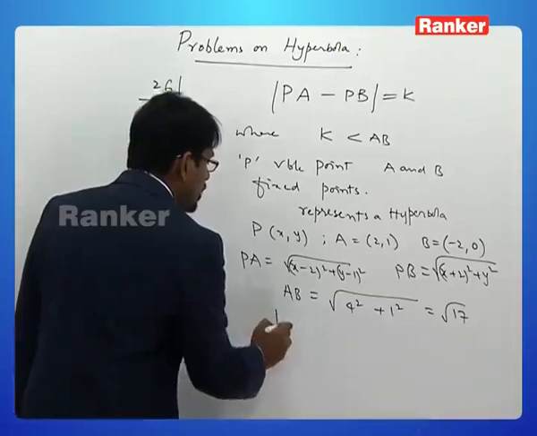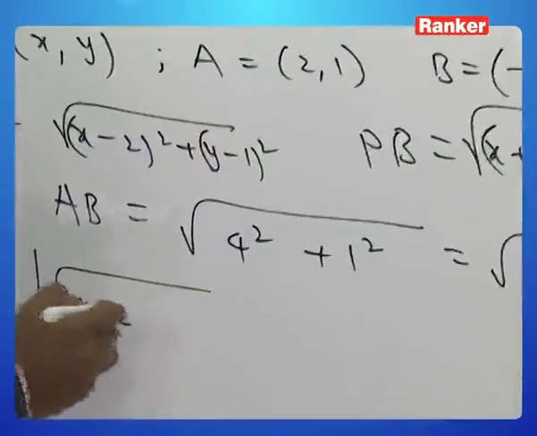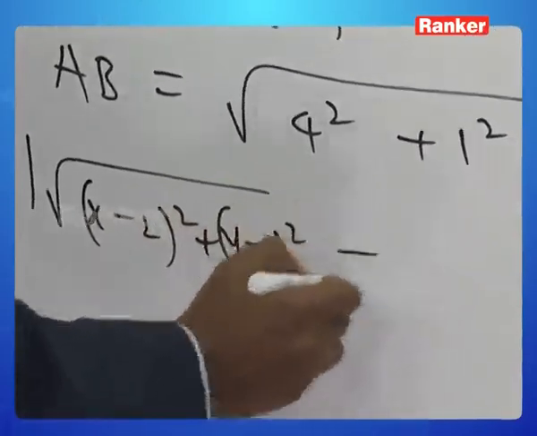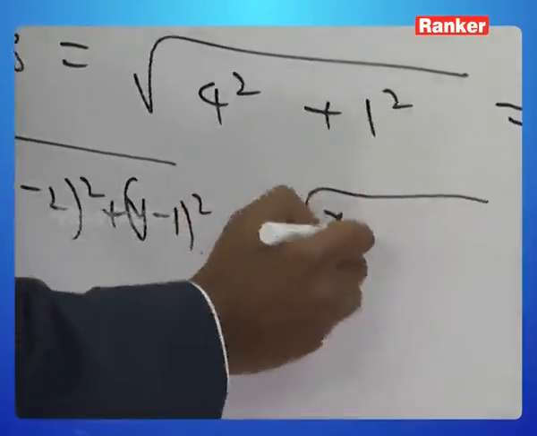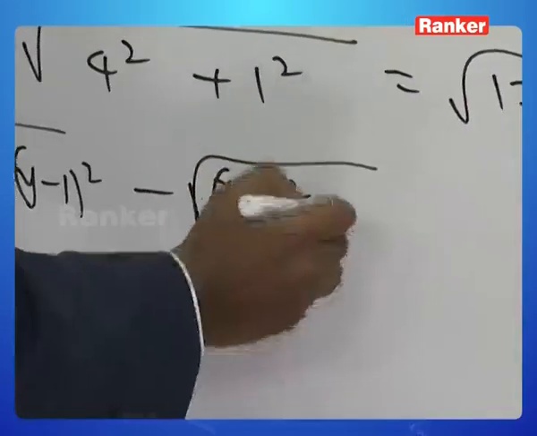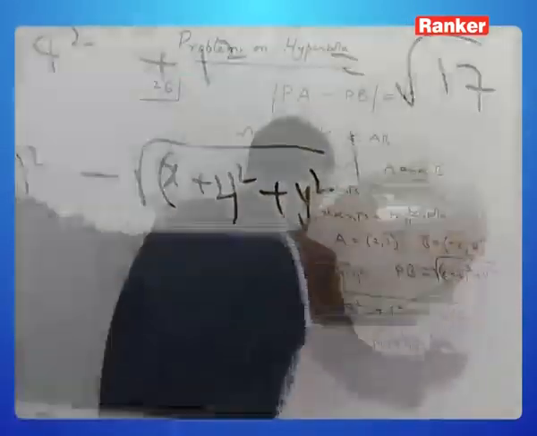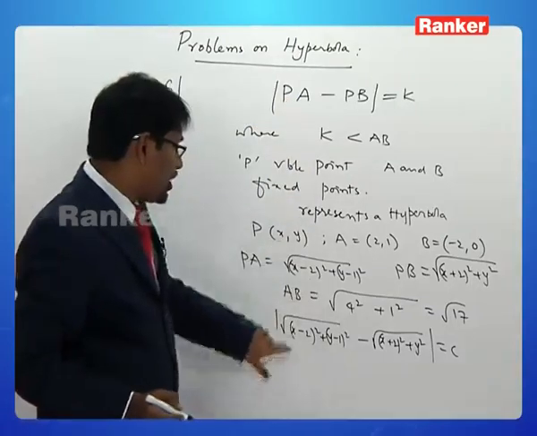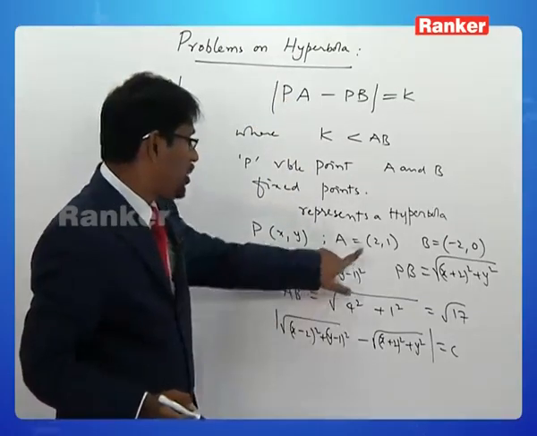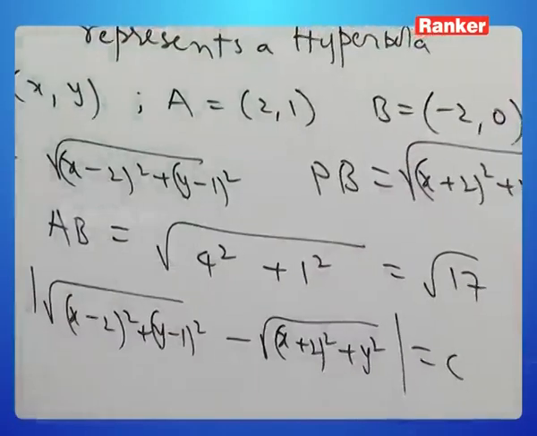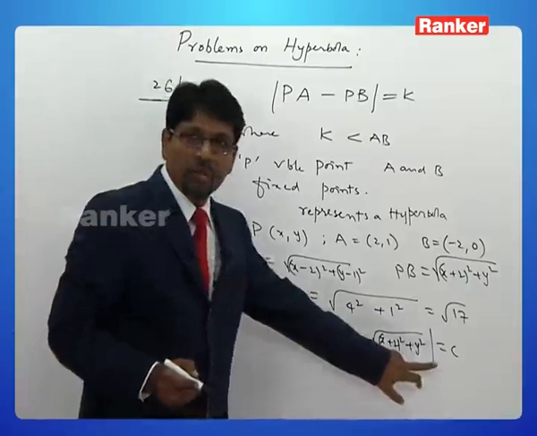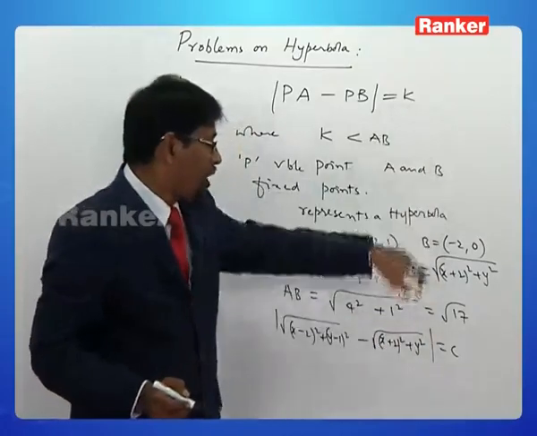What we are given is modulus of under root of (x minus 2) the whole square plus (y minus 1) the whole square, minus under root of (x plus 2) the whole square plus y square, is equal to c. Instead of P here we have x comma y, instead of A we have 2 comma 1, and instead of B we have minus 2 comma 0. So it is in the form of modulus of PA minus PB equal to some c, instead of k we have c.